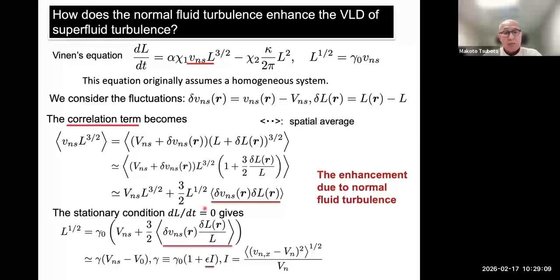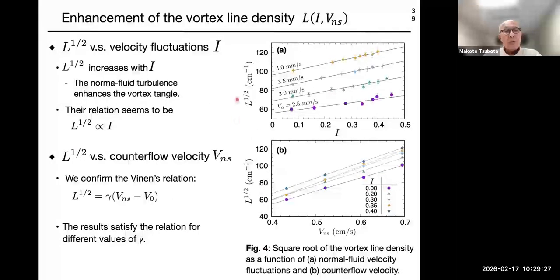And the point is that this term refers to the enhancement due to the normal fluid turbulence. In other words, this term represents the amplification of the VLD due to the normal fluid turbulence. Then, as I said before, we have two parameters, fluctuation I and Vns.